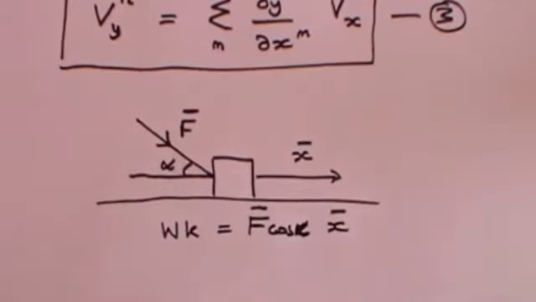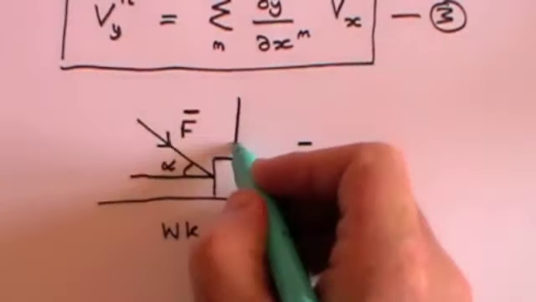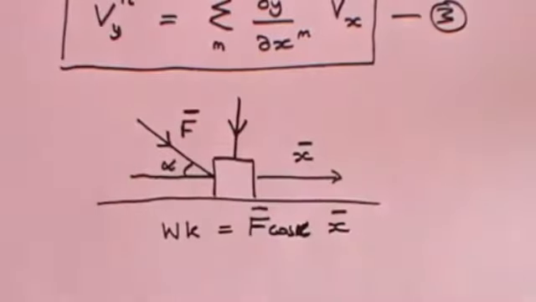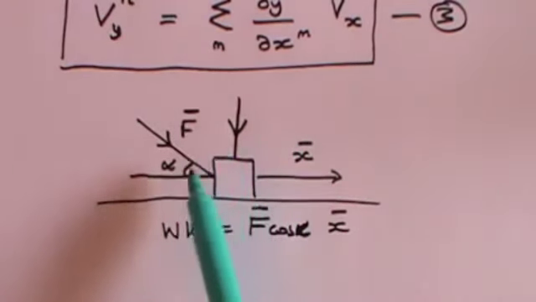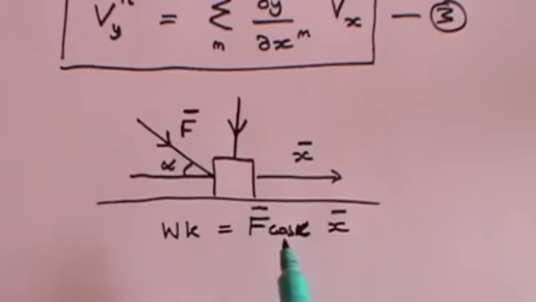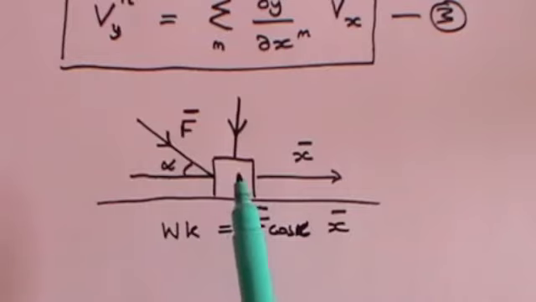Now, the question is, suppose the force is in that direction. Then the angle alpha will be 90 degrees and the cosine of alpha is 0. And therefore the work done will be 0 because, of course, the block won't move.